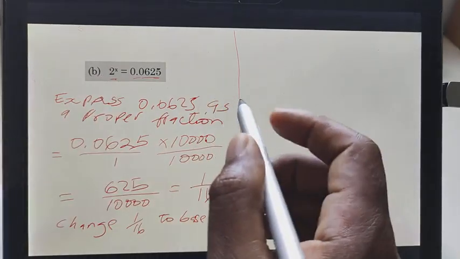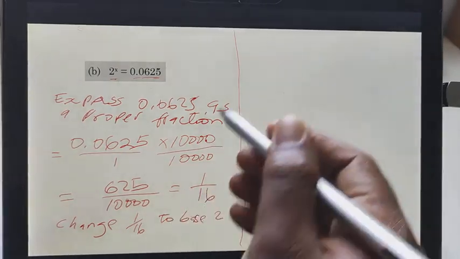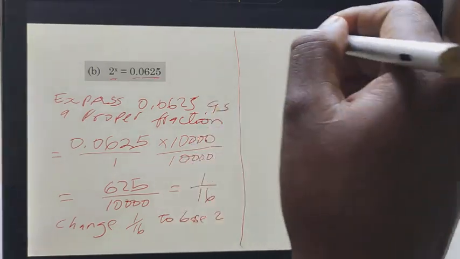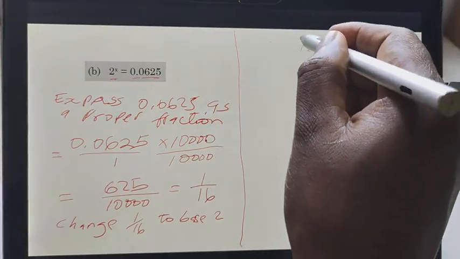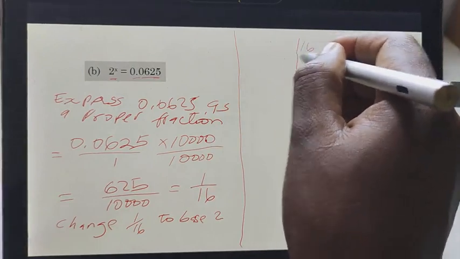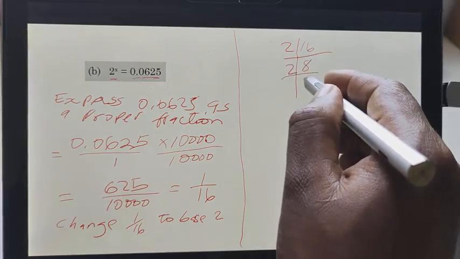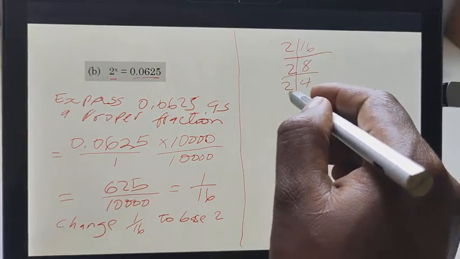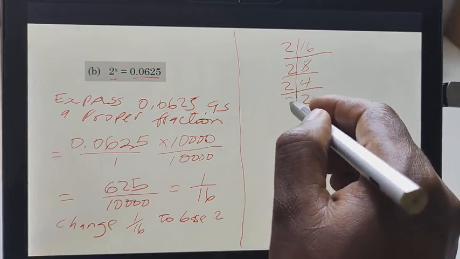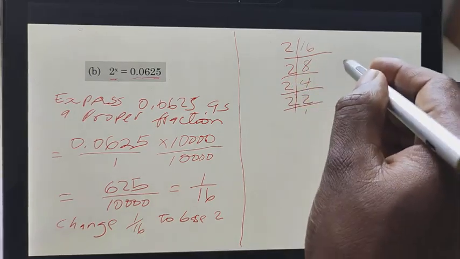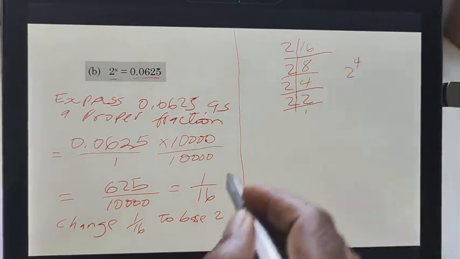Okay, so in this case, look at it, we have 16. If we put 16 to base 2, it will be 2, that's 8, 2, that's 4, 2, that's 2, 2, that's 1. So it will be 1, 2, 3, 4. So 16 is the same as to say 2 to the power 4.